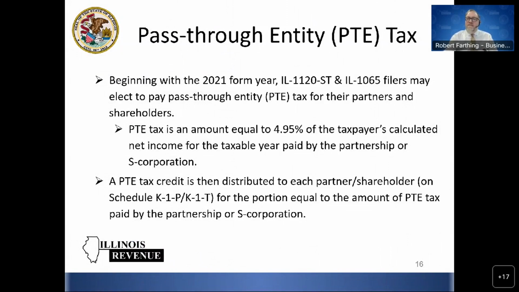Once reported and paid, a PTE tax credit is then distributed to each partner and shareholder on Schedule K1P for the portion equal to the amount of PTE tax paid by the partnership or S corporation. Let's continue, please.